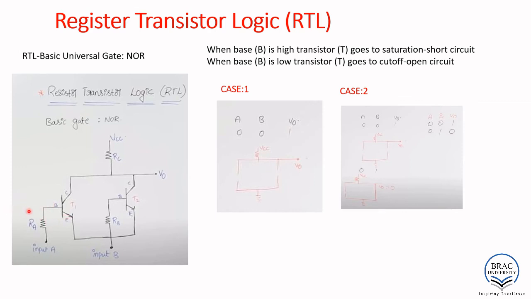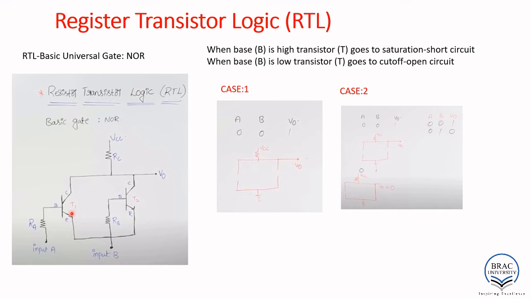If we apply high voltage here, then our transistor goes to saturation, or it is short circuited. When our base is low, that means 0 here, our transistor T goes to cutoff, which means open circuited.